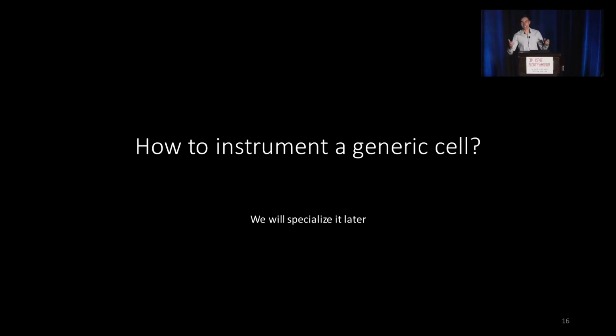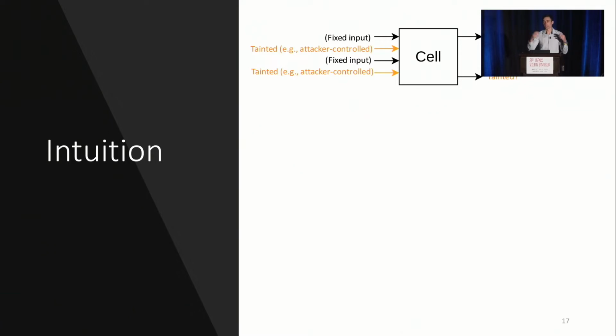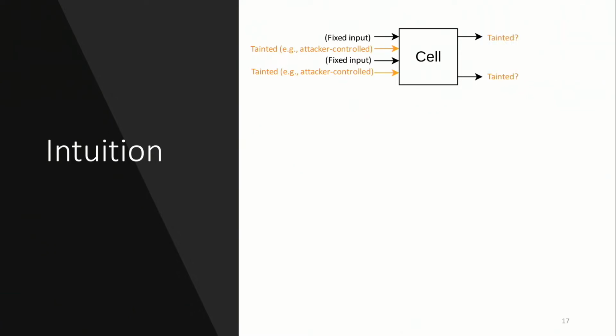Let's try, again, some intuition. I will look at a combinational cell, which does not have state inside. For example, a register would be excluded. Here, I give you two tainted inputs in orange, and I want to know if some output bit is tainted or not. You can imagine you have an attacker that controls the two orange arrows.